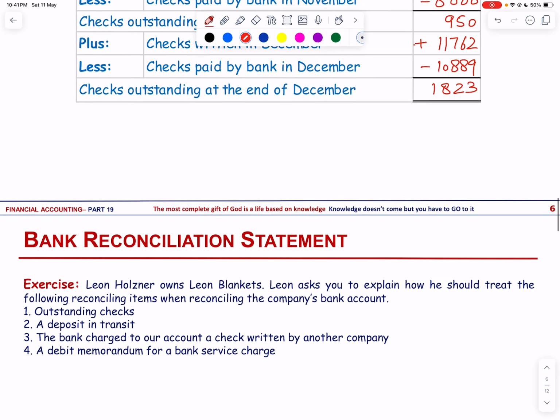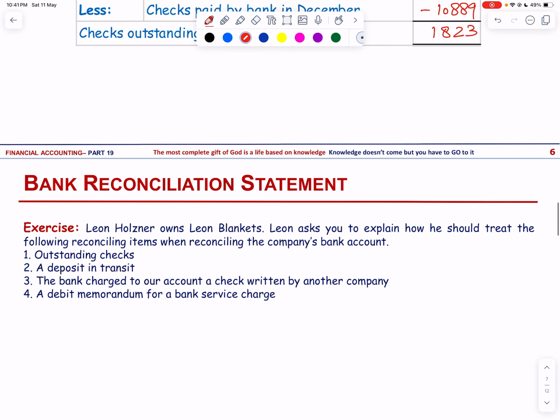Okay. Leon Hosner owns Leon Blankets. Leon asks you to explain how he should treat the following reconciling items when reconciling the bank accounts. Outstanding checks have to be deducted from the balance as per the bank.